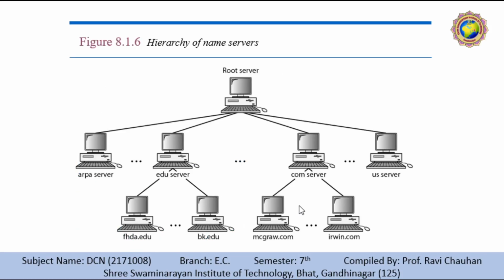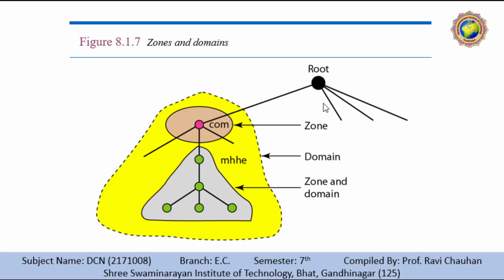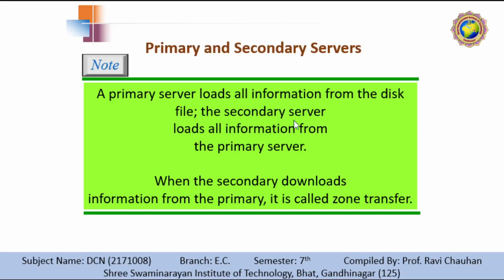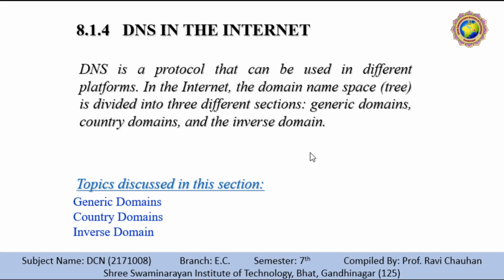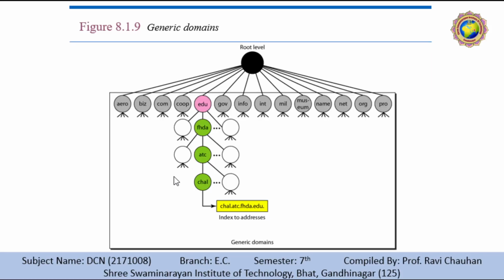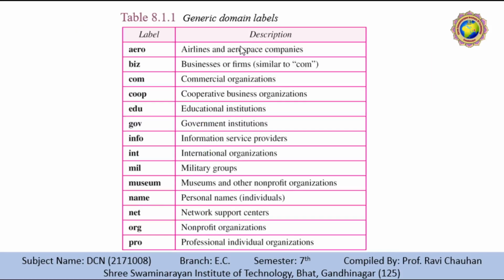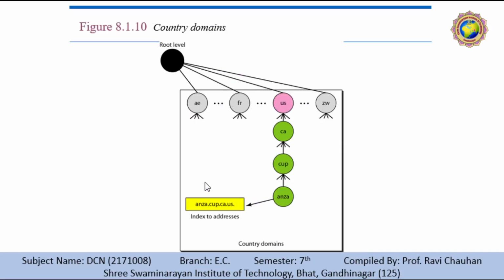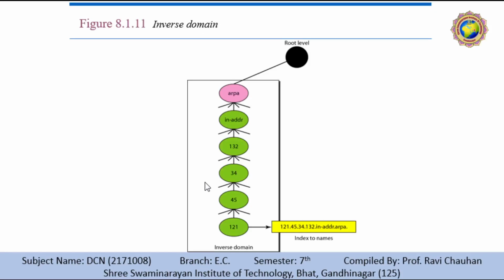Finally, DNS in the internet, in which we discussed three sub parts of DNS: generic domains, country domains, and inverse domain. In the generic domains, we listed some well-known labels. Then the country domain, just like our country and state. And lastly, the inverse domain.